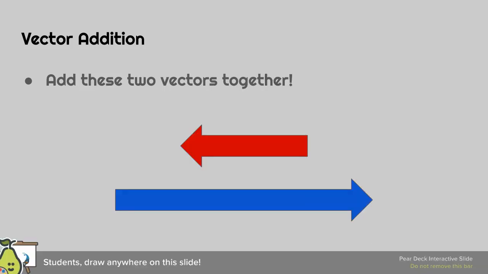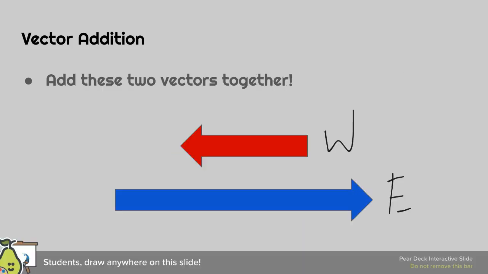When we add these two vectors together, they're going in different directions. This one is going east. This one's going west. So again, we do the tip to tail on this as well.